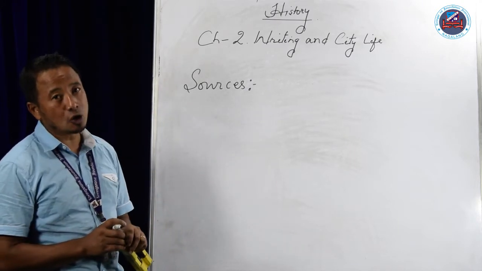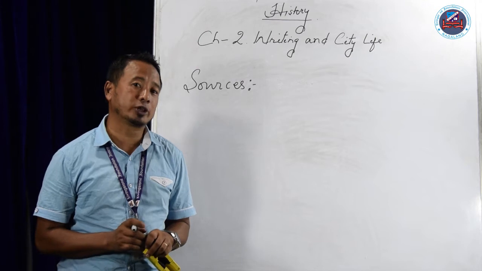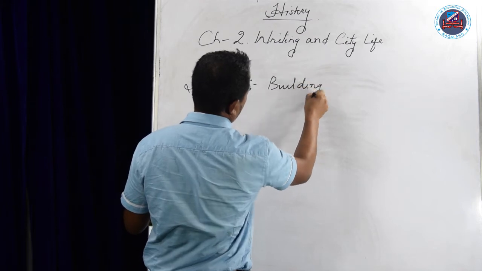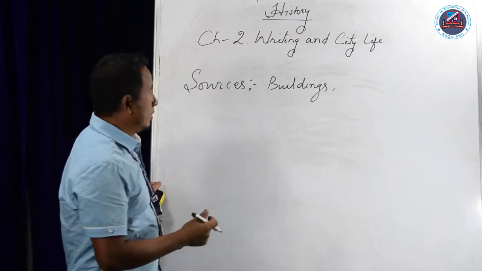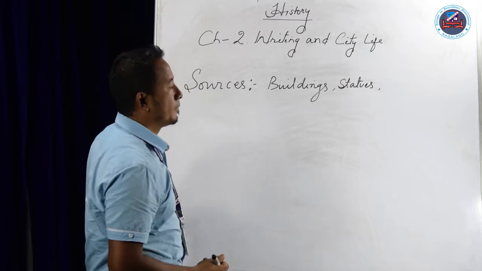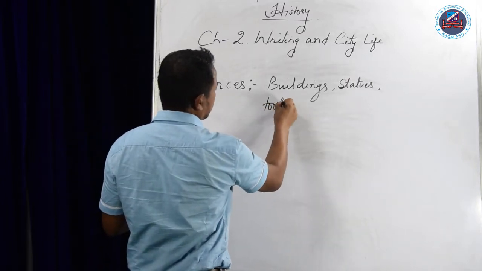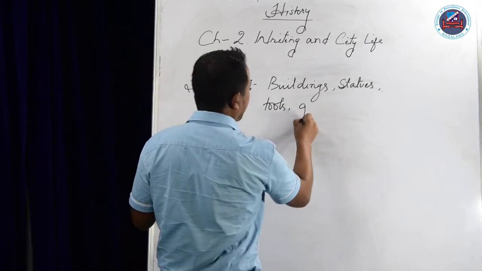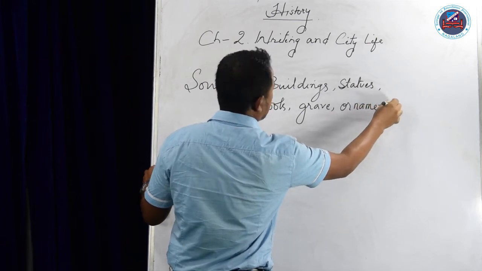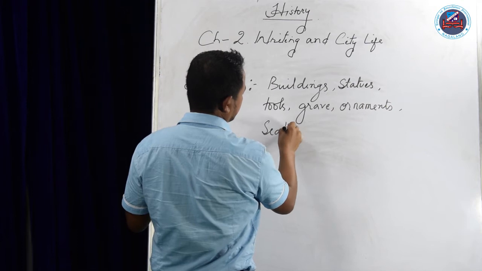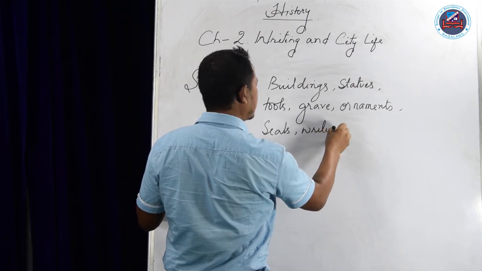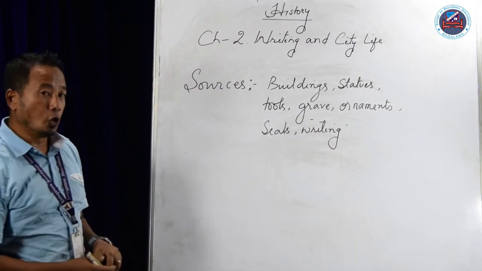Some of the important sources include buildings, statues, tools, graves, ornaments, seals, and of course written documents.